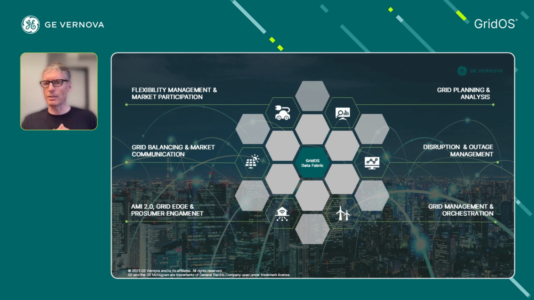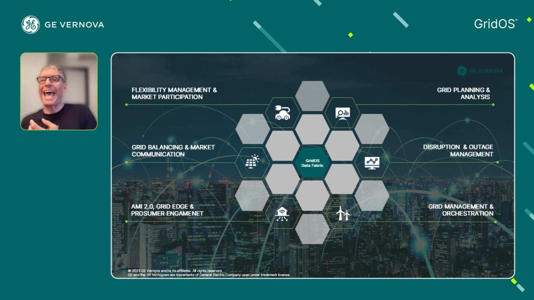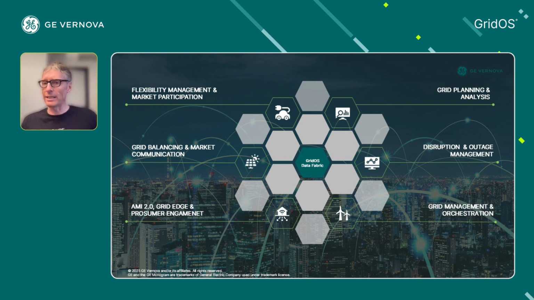The second set of use cases where clients are implementing the platform is related to disruption management and outage management. Meaning, as an example, there are failures in the network, and when you are now able to combine it with smart meter data, it means you are much faster to find out where problems are.